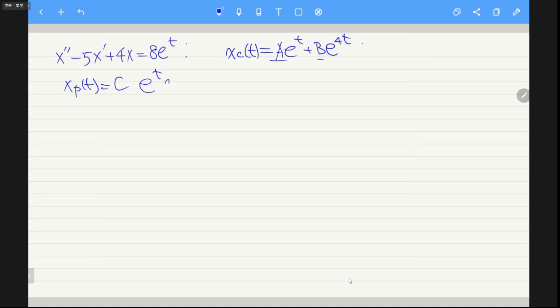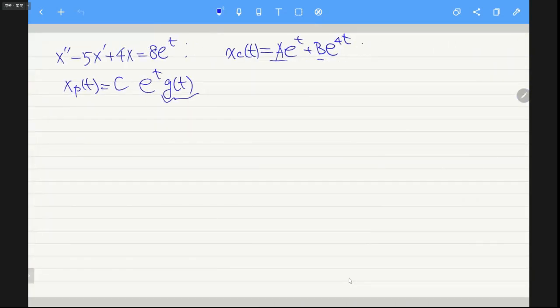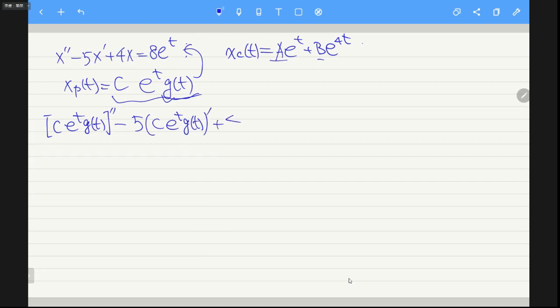So we try to make it like exponential to t times g of t, where g of t is not this one. Substitute into the equation: the second derivative, minus 5 times the first derivative, plus 4 times exponential to t g of t, equals 8 exponential to t.